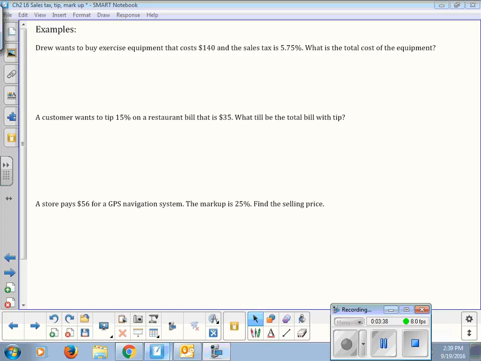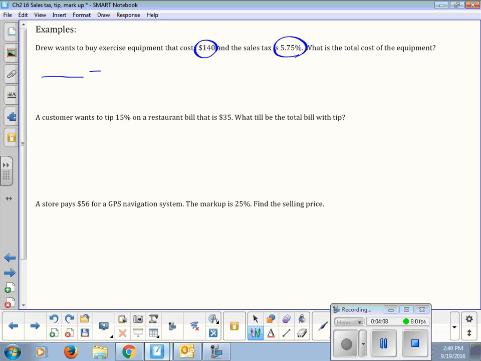Okay, for our first example, we have that Drew wants to buy exercise equipment that costs $140 and the sales tax is 5.75%. The way we're going to set this up is just like your percent of change proportion. So we're going to have the change over the original equals percent over 100. This time we're given the percent, but we need to find our change.